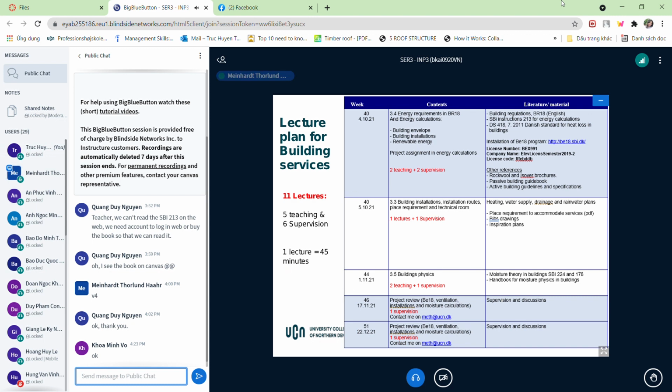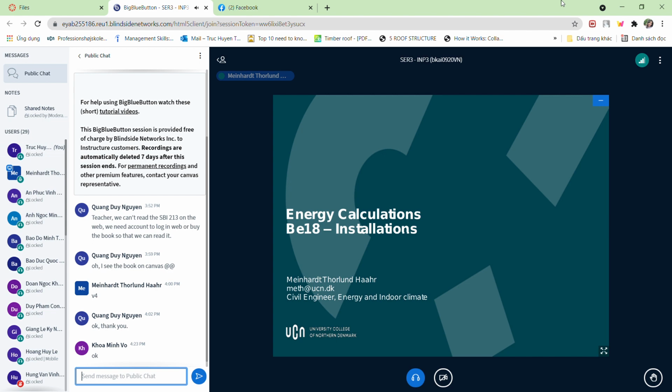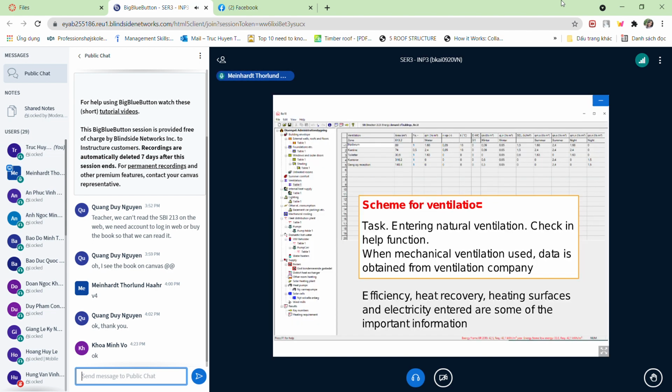Okay, let's continue and talk about the ventilation part. So we're looking at the ventilation now, and for now we're going to look into how to actually do the ventilation part in the program.